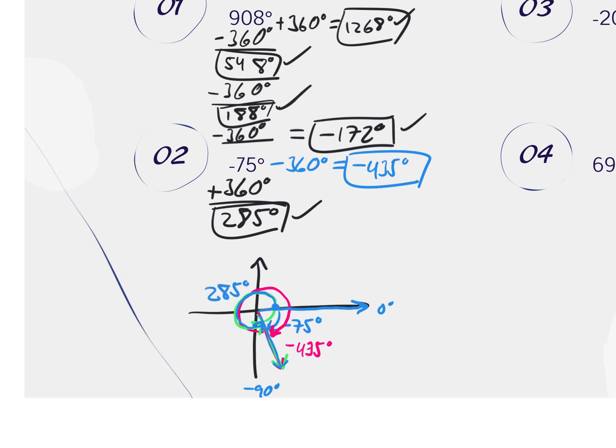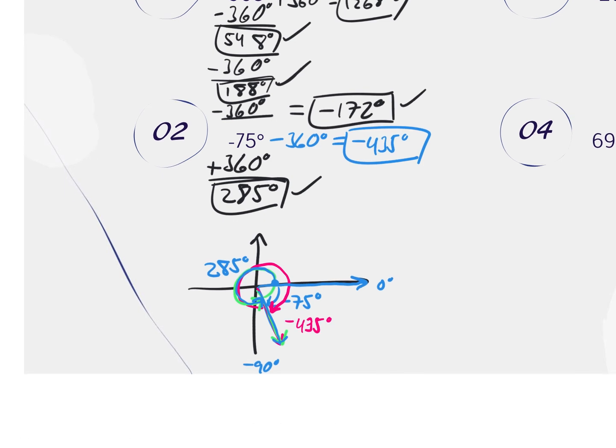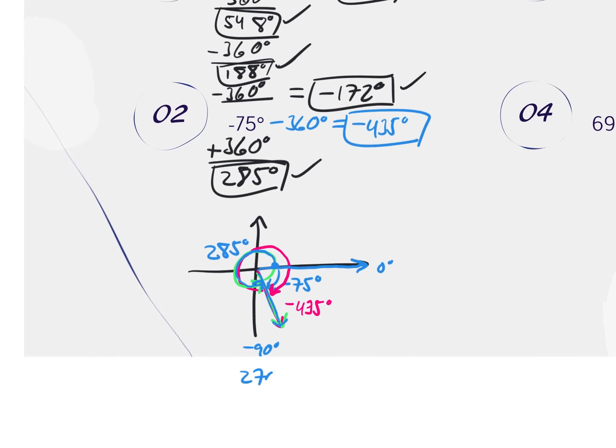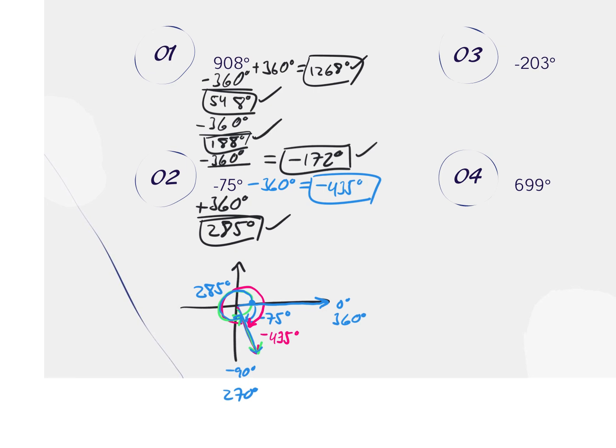And 285 does check out, because I know that in the positive direction, I had a 270 right here and a 360 right here, and 285 is between 270 and 360, and it does end up in the exact same spot as we expected it to. So that's what it looks like visually. You're just going forwards or backwards however many circles.